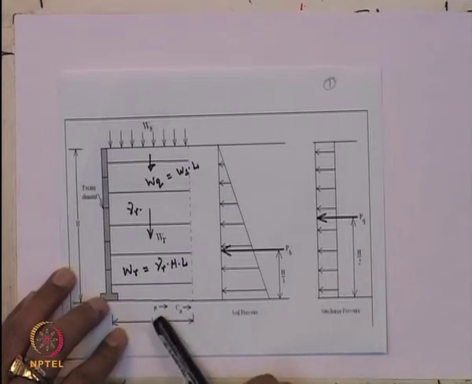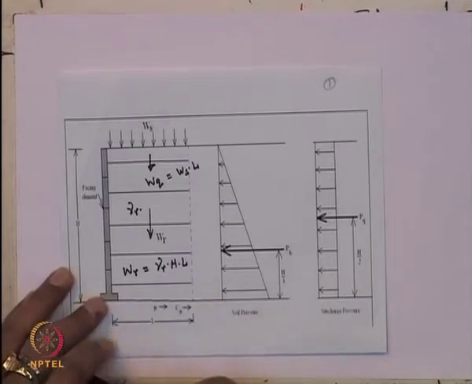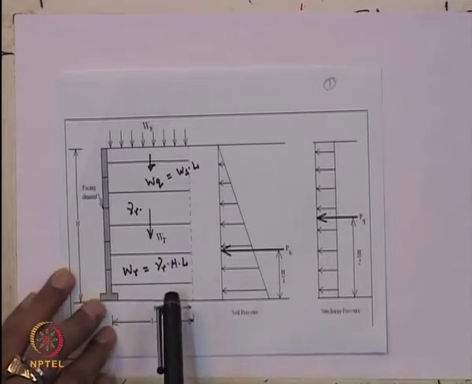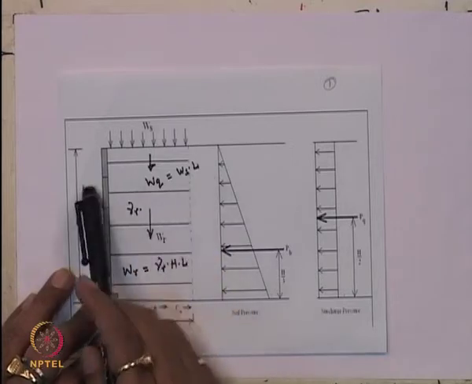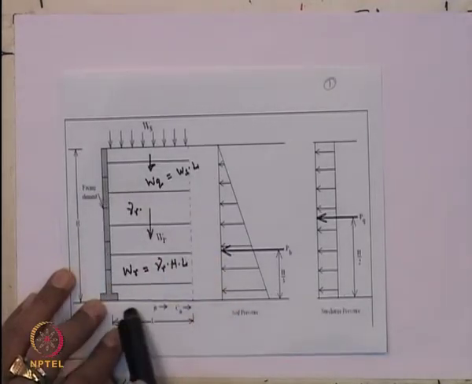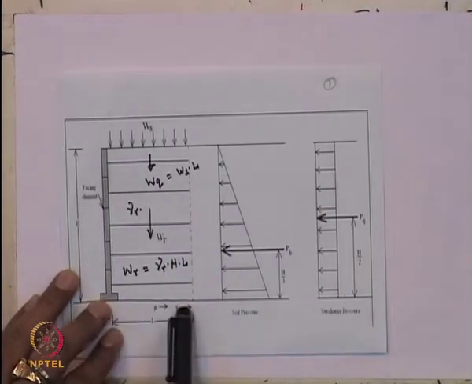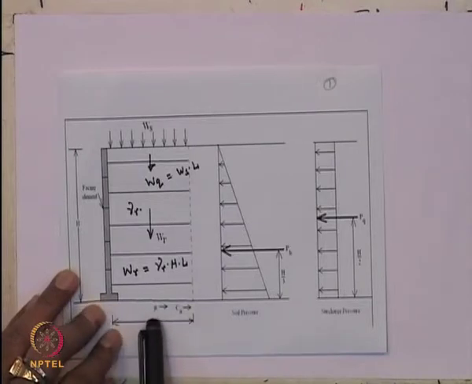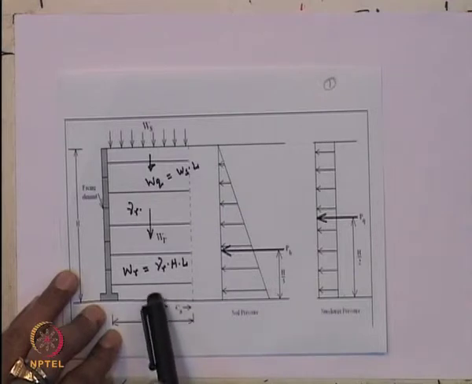Apart from this, you see that if the wall moves, then there will be a development of friction. So this is mu or tan delta. We can say this is the coefficient of shearing resistance between the soil and the reinforcement.